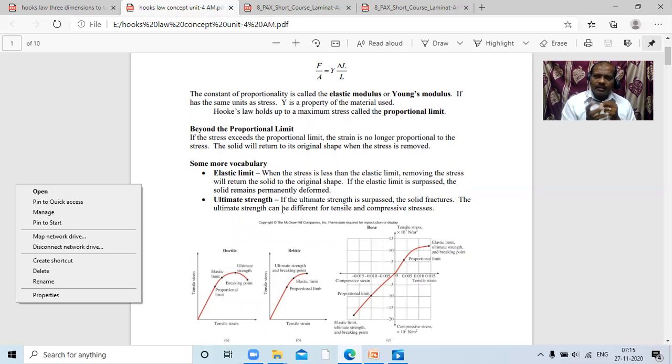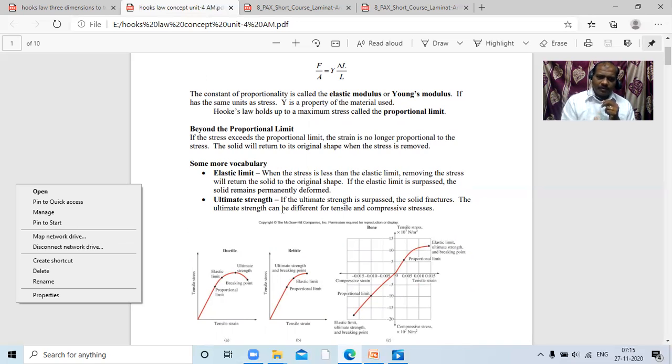There are different types of stresses: tensile and compressive. Based on the fundamentals, I explained compressive stresses for the bulk modulus in the previous class, and Young's modulus Y for the tensile stresses. So let us observe the ultimate strength, how it will be for a ductile material and how it will be for a brittle material.